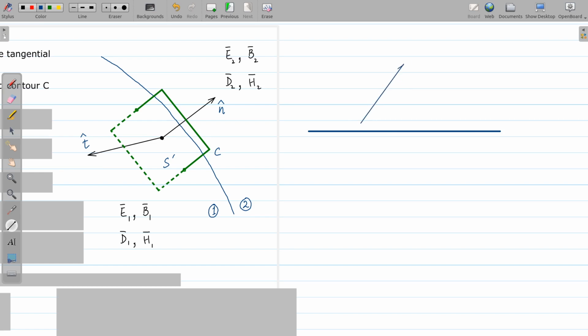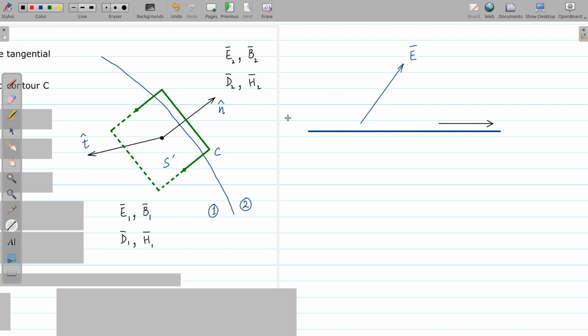Let's say this is the field. Let's take the example of the electric field again here. This is the tangential direction.